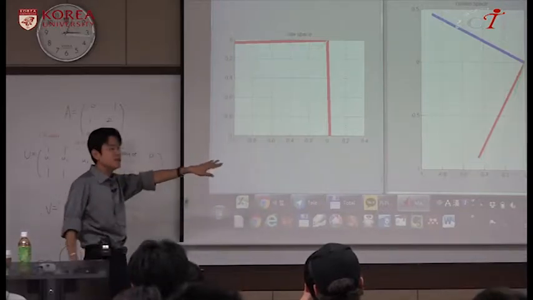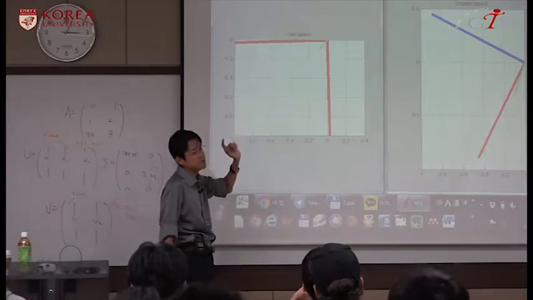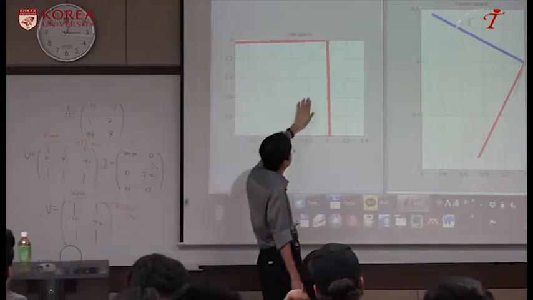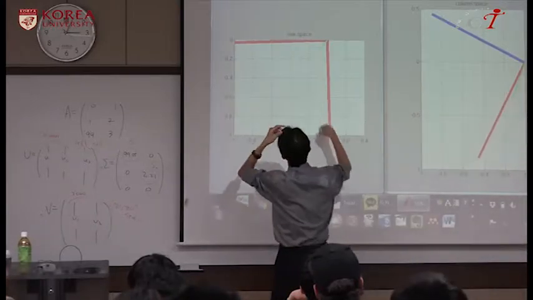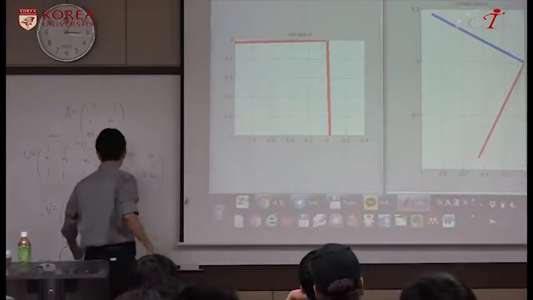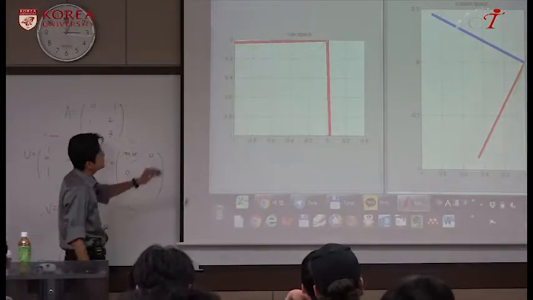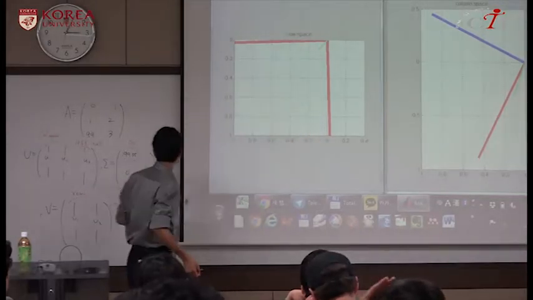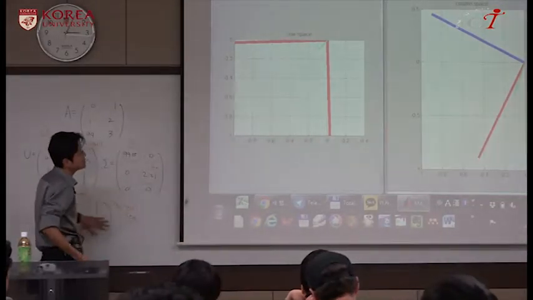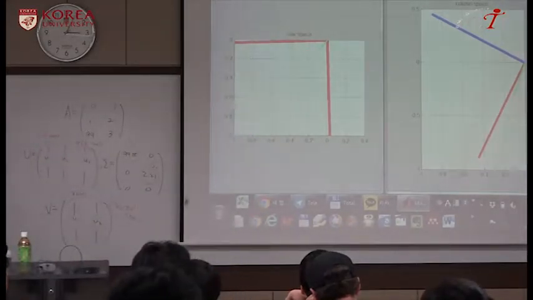Green is input, and here green is output. Red is row space, I just plot the columns of V. And because there's no null space, any arbitrary input is a combination of those two. And you can see that it's R2, it's a plane. If I rotate it, it should be a plane.